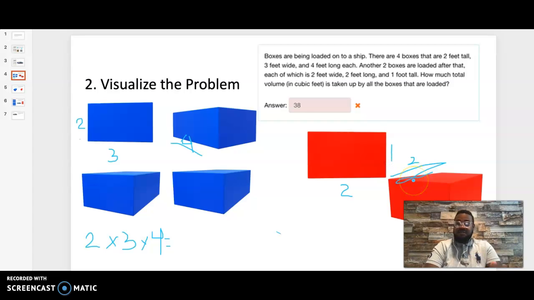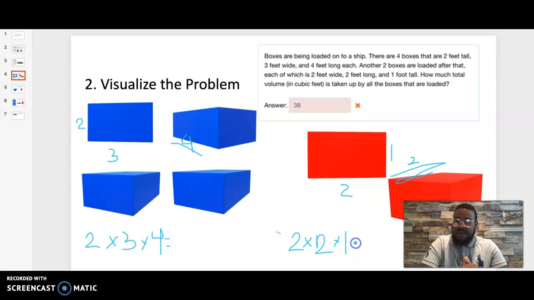So to find the volume of one box, I would multiply the 2 by 2 by 1. And that would give me the volume of one box.